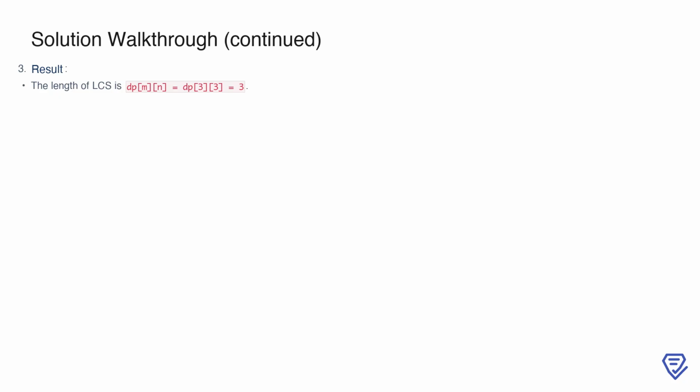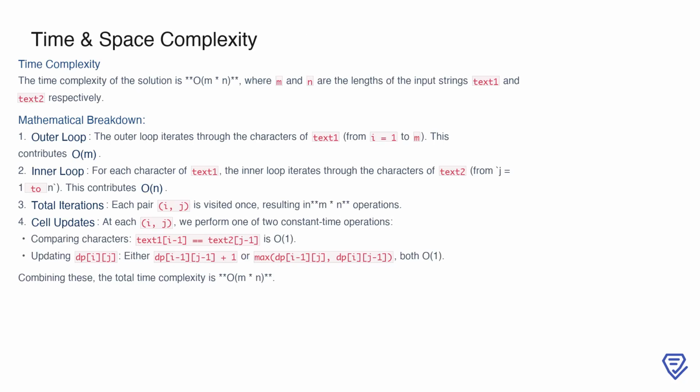The time complexity of the solution is determined by the size of the two input strings, text1 and text2. Here, m and n represent their respective lengths. To compute the longest common subsequence, we iterate through each character of text1 using an outer loop, which accounts for m iterations. For every character in text1, we then iterate through all characters of text2 with an inner loop, contributing n iterations.